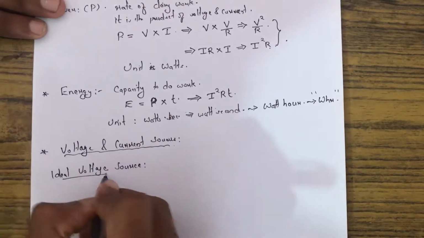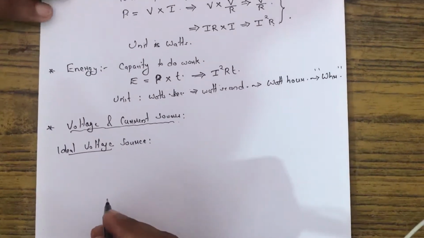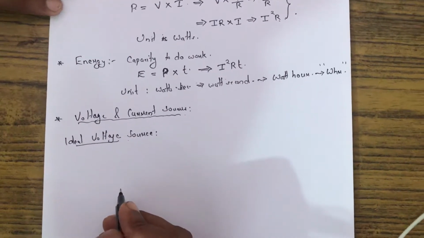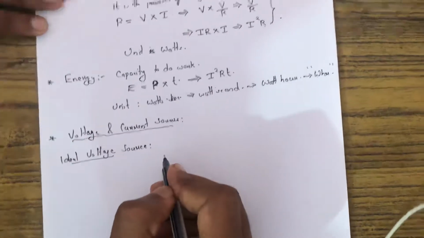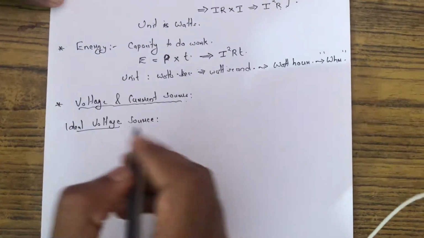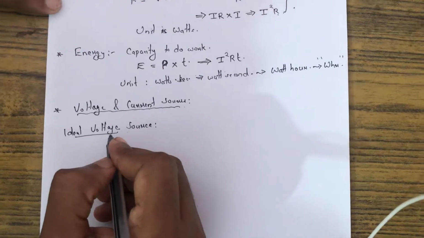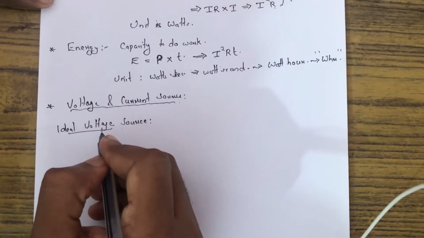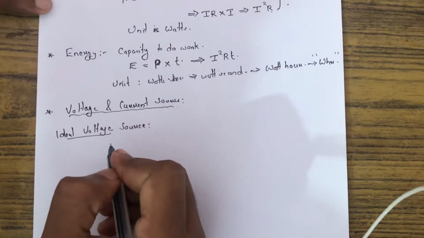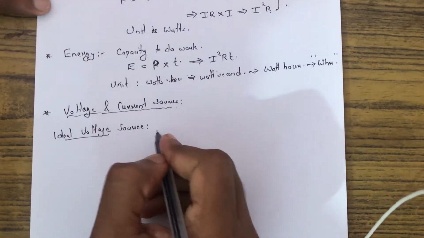An ideal voltage source is an energy source whose terminal voltage remains constant irrespective of the current flowing through it.